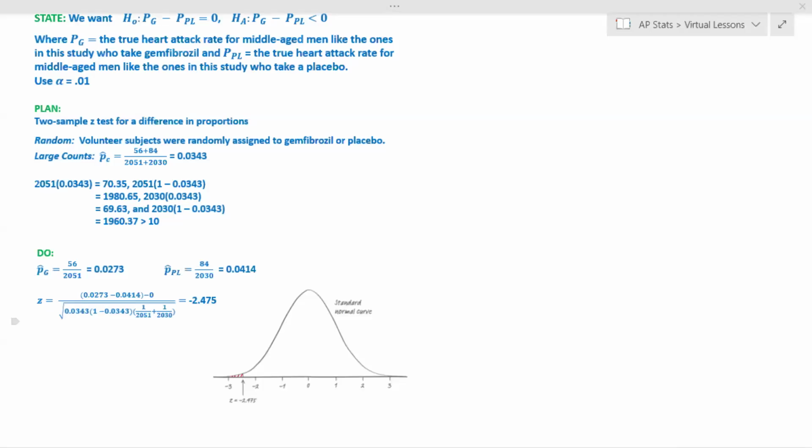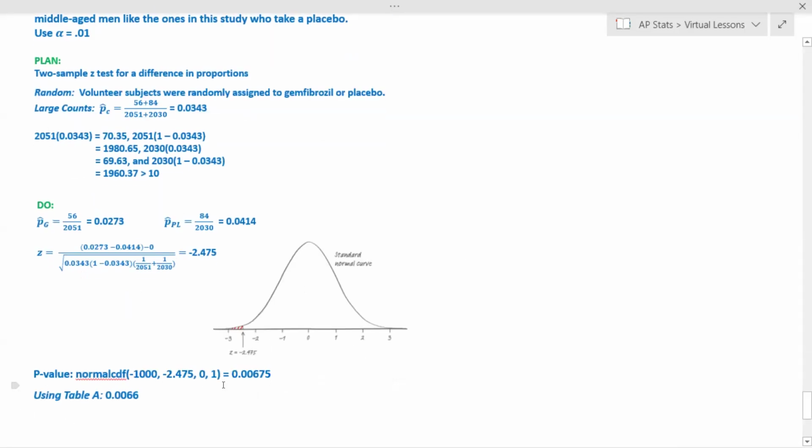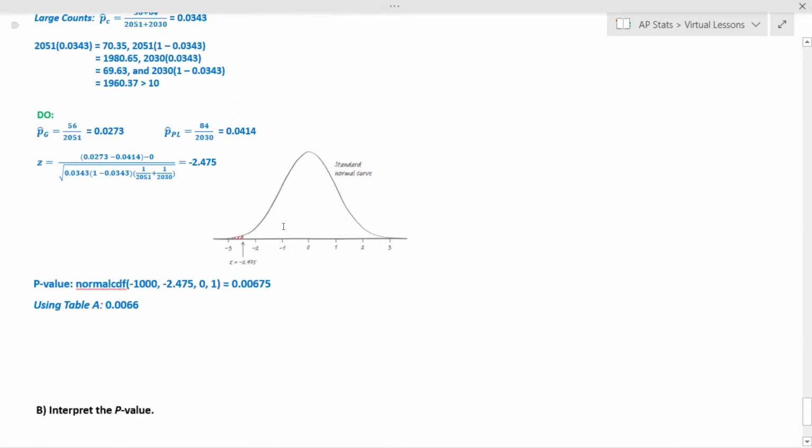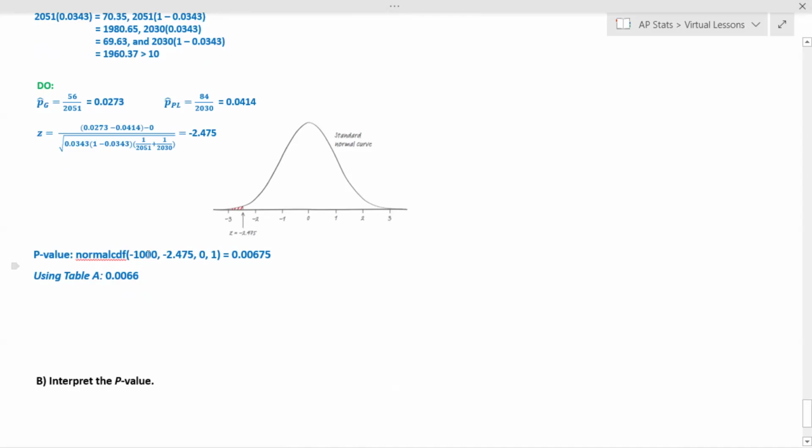And so if we use a calculator, you would do normal CDF. And since we are looking for a difference in one direction, remember our alternative hypothesis was less than zero, you have to go lower is -1,000, upper is the z-score, mean and standard deviation. You get 0.00675. If we use table A, we would get 0.0066.